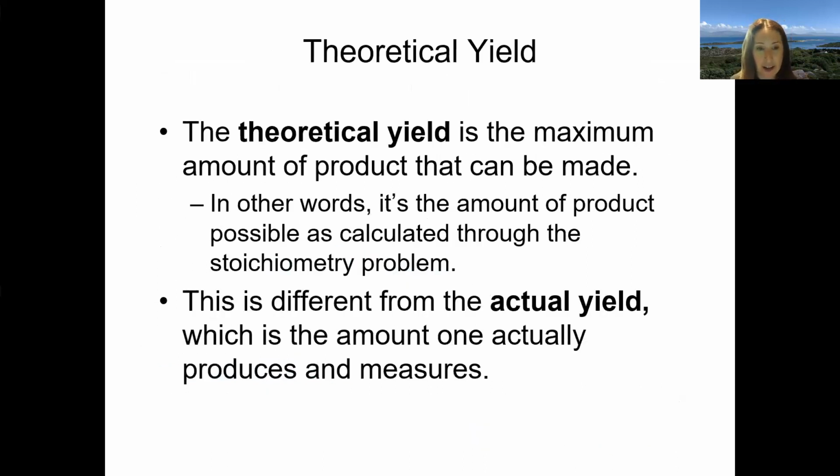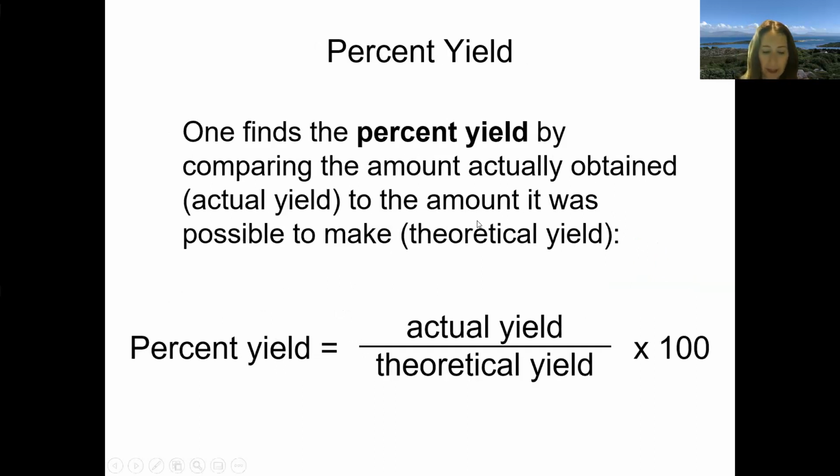It's different than the actual yield. The actual yield is the one we get in lab. So in lab, we're going to be using theoretical yields and actual yields all the time. The actual yield is the one you actually get in lab, right? What did you actually mix, and what did you actually get? That's the actual yield. And we use the theoretical yield and the actual yield to get our percent yield.